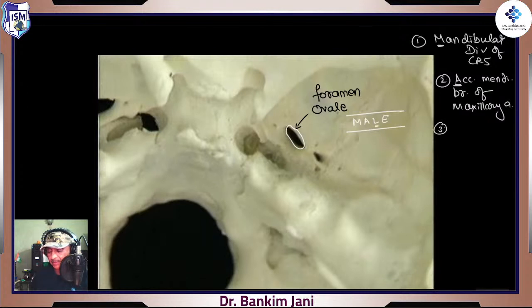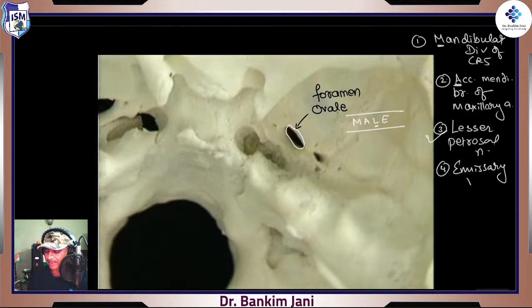This third one is important, the lesser petrosal nerve. So that means there would be another nerve called greater petrosal. Yes, it is there, right? So this is lesser petrosal. Remember this. And the fourth one is not very important because there are so many. Just remember it like an emissary vein, right?